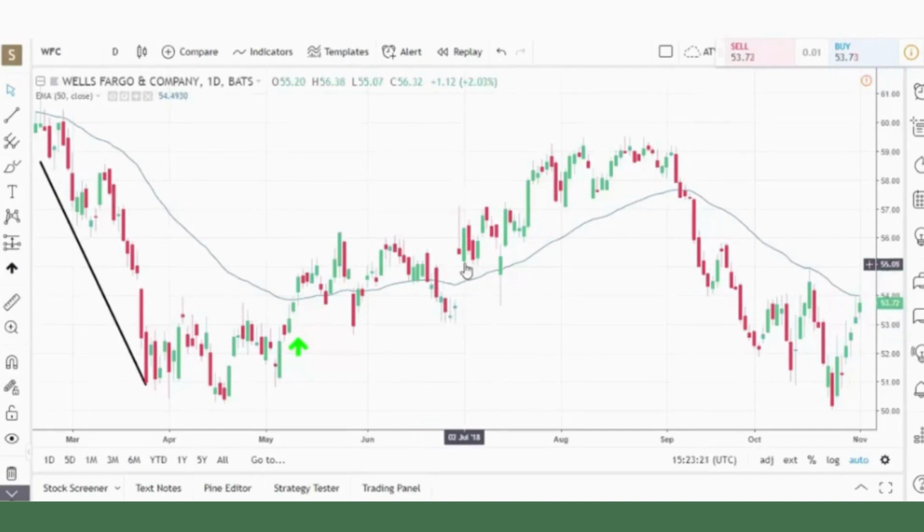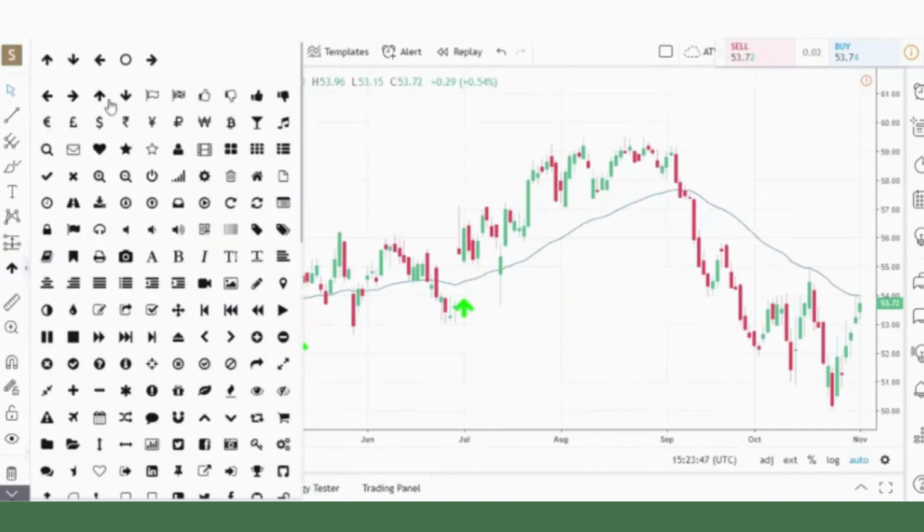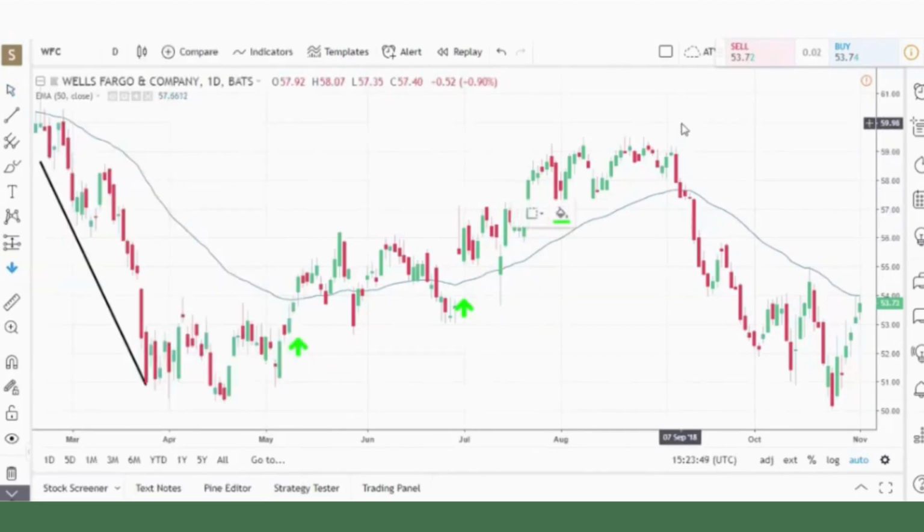And then the stock moves above the EMA again here in June. It closes above the EMA in July, so we're still above, we're still long the stock, and we get a move from around the 55 level up to around 59 before the stock gives us a sell signal here in September, and then Wells Fargo moves to the downside.